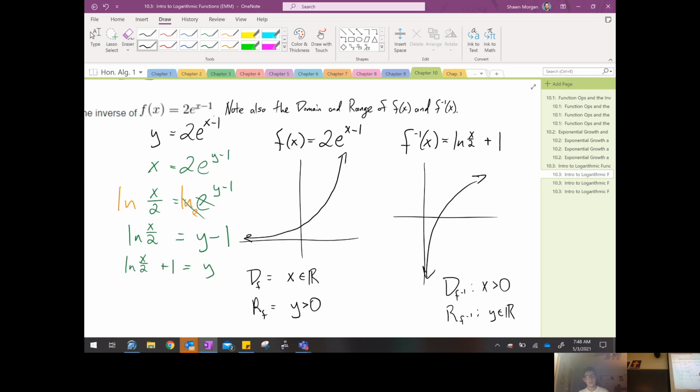I can't take the log of some negative number because of the domain restriction that's in place, because of the range restriction of the original function. So because the exponential function has a range restriction, its inverse, the logarithm function, by definition, will have a domain restriction. And therefore, you're never allowed to take the log of a negative number.